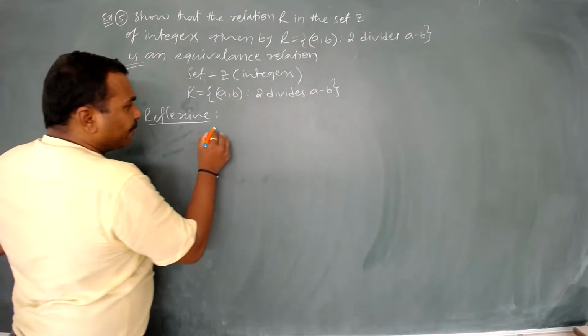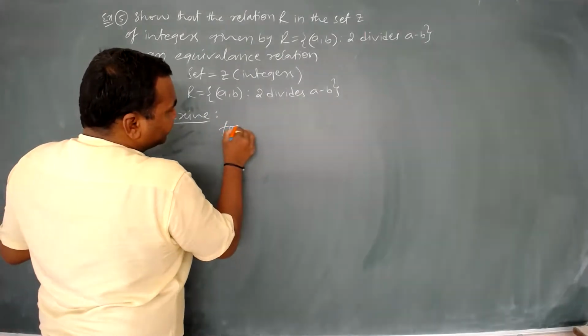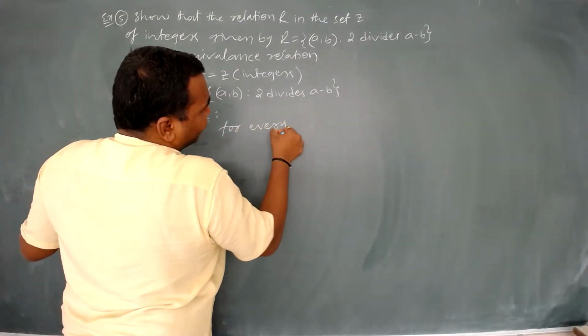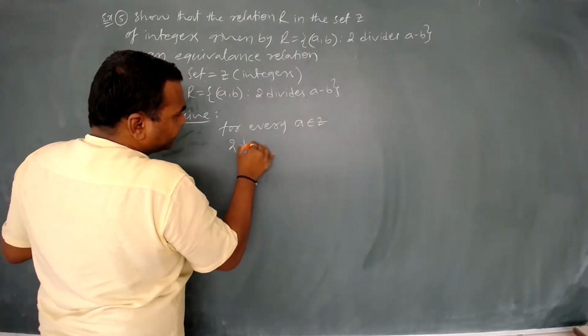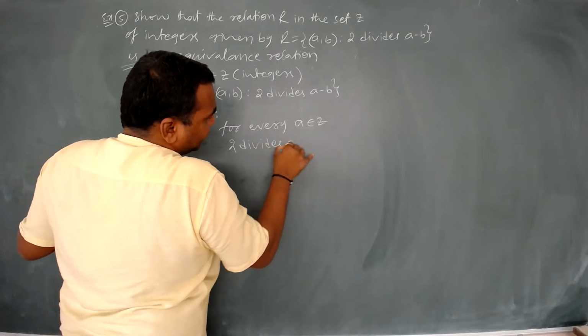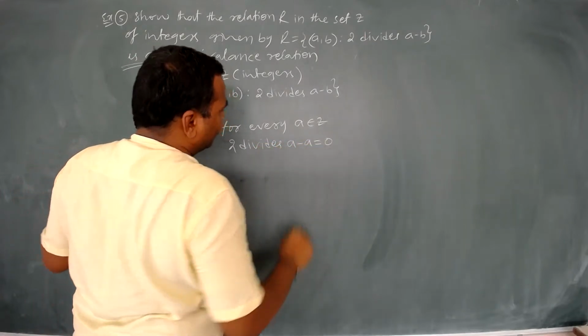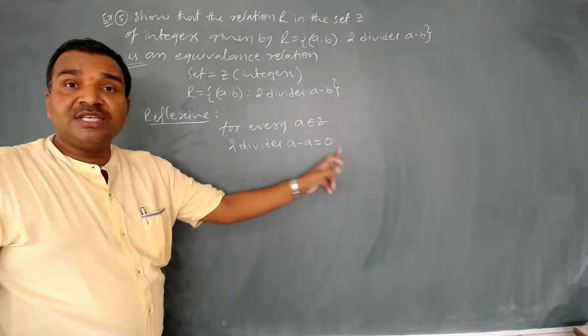So I will write it clearly. For every a belongs to Z, 2 divides a minus a. That is 0. 2 divides 0. 0 is divisible by 2.